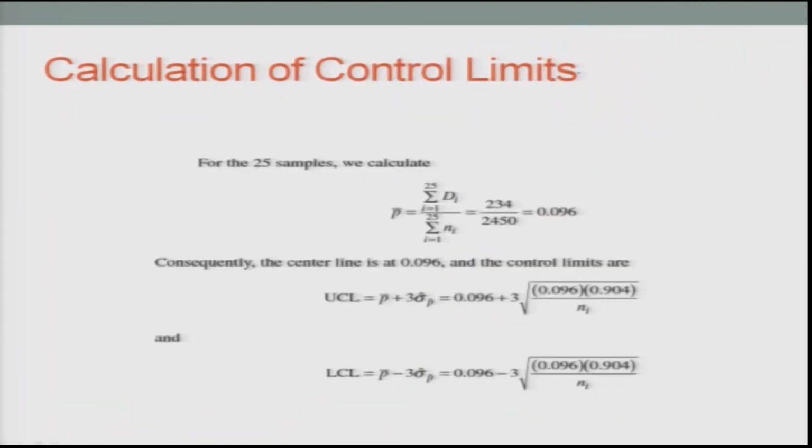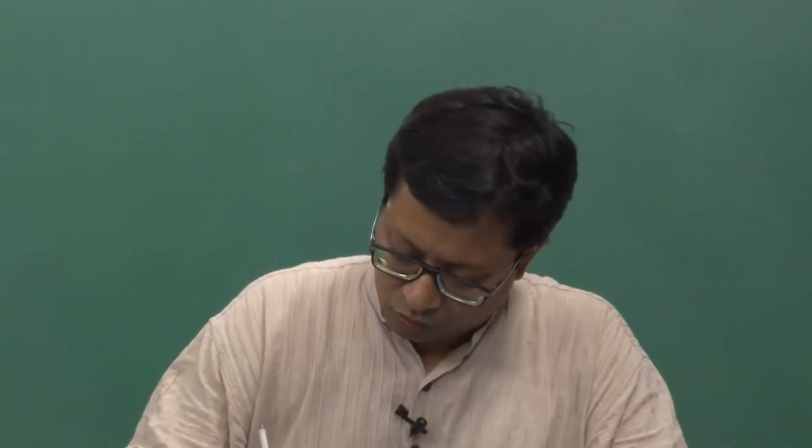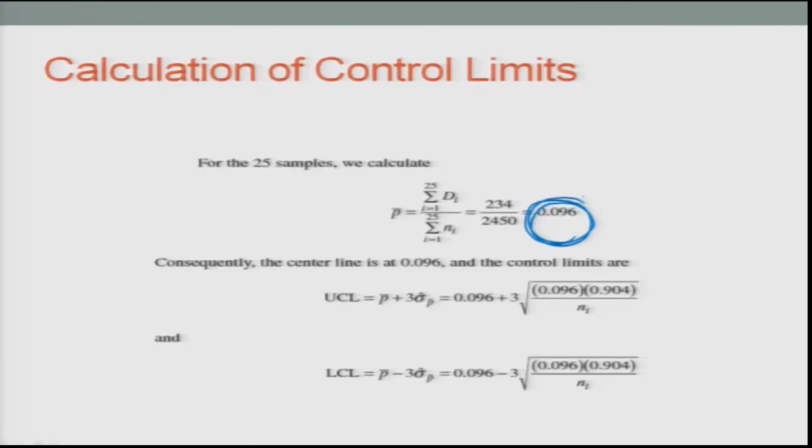For the 25 samples, we calculated the total sum of the number of defects as 234, and the total number of observations which you have taken is 2450. Hence, this value comes out to be 0.096. The value of q bar would be 1 minus this, you can find it out. So, here the central line comes out to be 0.096.